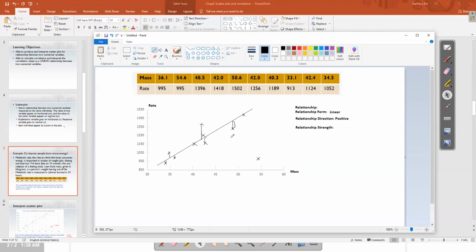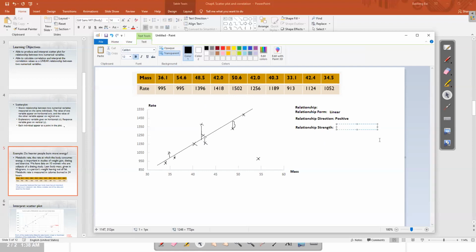On the other hand, if the total amount of deviation is big, basically the points are far away from the proposed form, then we call that kind of relationship a weak relationship, right? So this relationship is kind of strong. You know, strong or weak are always relative terms.